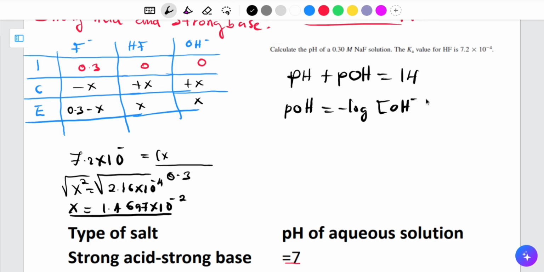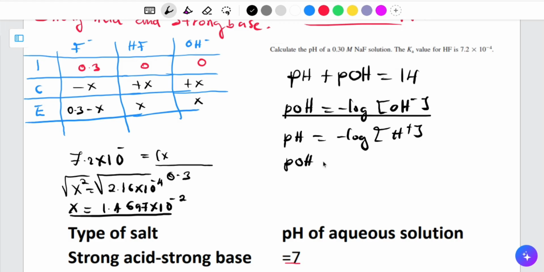But pH is equal to negative log of hydrogen ion. So we don't have hydrogen ion, so we can easily find the pOH and then subtract it from 14. So pOH is going to be equal to negative log of 1.47 multiplied by 10 to the power negative 2. So negative log of the answer. So pOH is going to be 1.8.